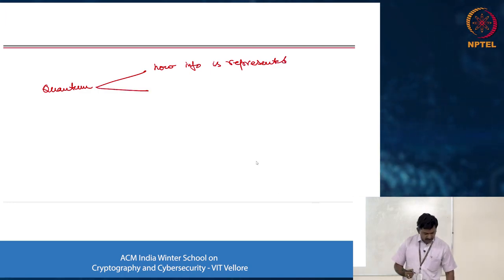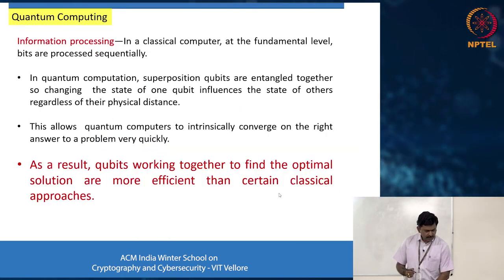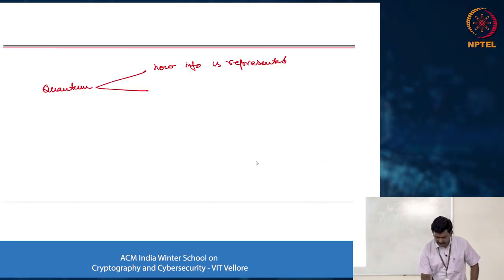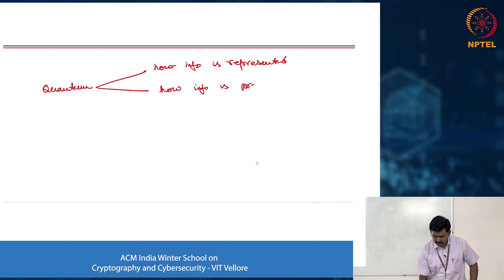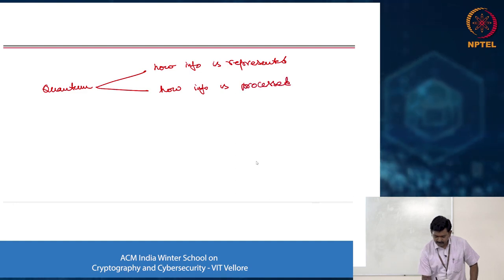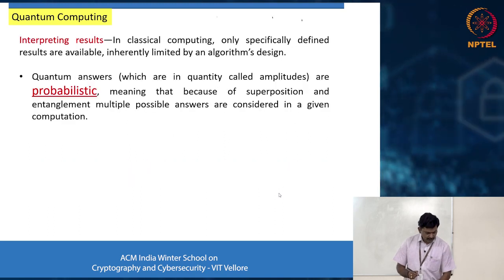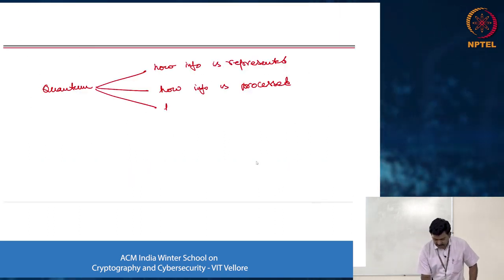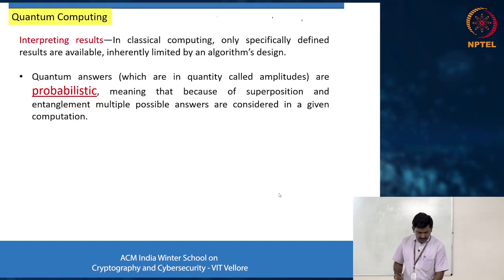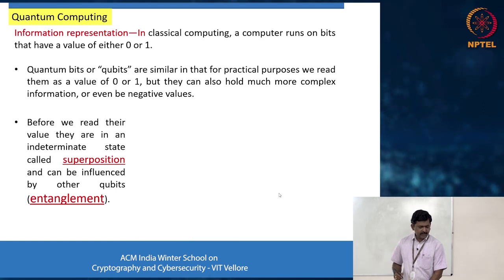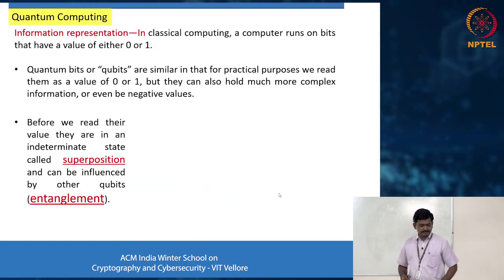Number 2, how information is processed. The third one is how you handle the results. Let us see how these 3 things happen in the quantum computer.